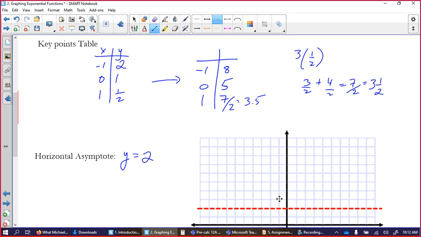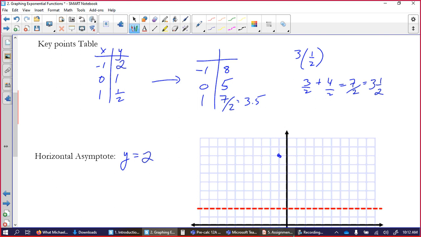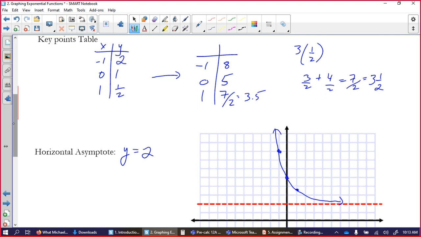Negative 1 and 8, 0 and 5, 1 and 3 and a half-ish. That one's actually pretty good. Apparently I'm better at drawing the decay.